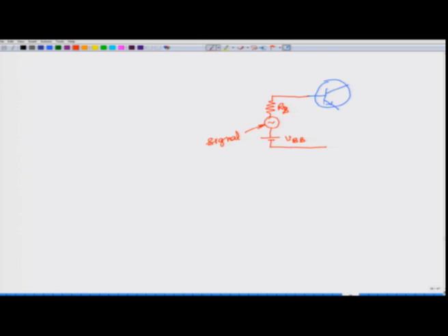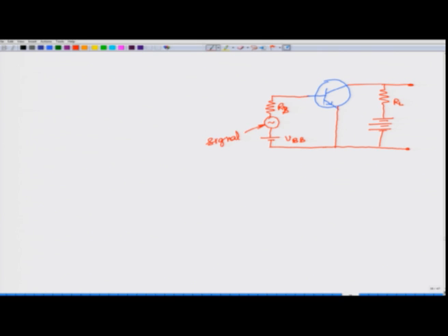So, here we put this signal. Then again, I emphasize this is only a schematic drawing. And we take our output from here, this is RL.